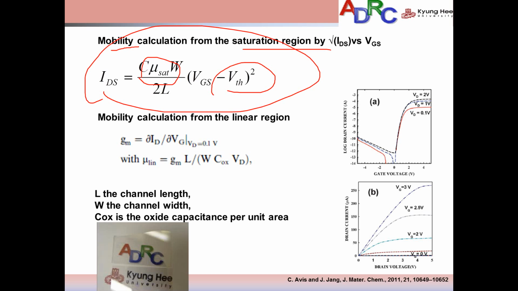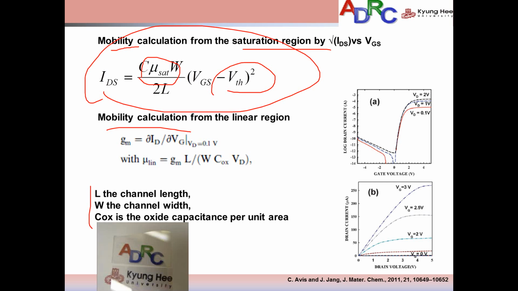And also it's possible to calculate the mobility from the linear region using the transconductance. And here you have the different characteristics. L is the channel length, W the width, and Cox is the oxide capacitance per unit area.